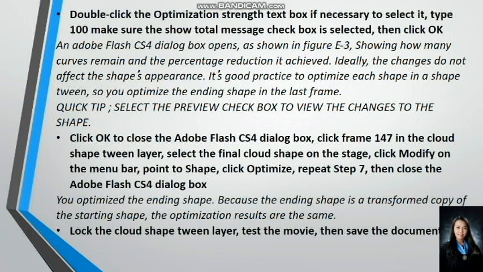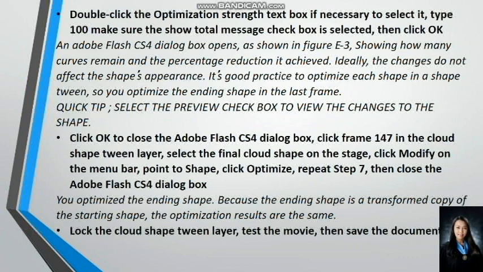The application version that we use is Flash CS3. Then click the frame 147 if you have the 147 frame, in the cloud shape tween layer. Select the final cloud shape on the stage, then click Modify on the menu bar, point to Shape.